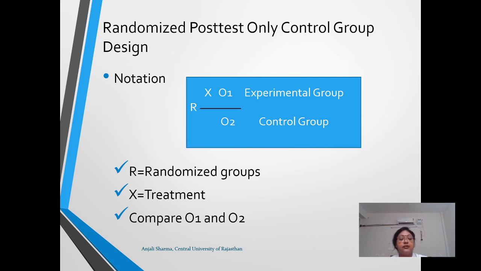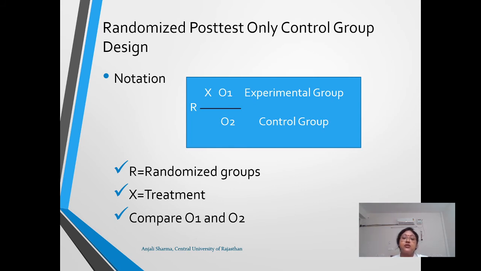So here R means randomization, and the two groups are framed with the procedure of random assignment of the units. X is the experiment, the treatment, and O1 is the post-test. The name of the design also says it is a post-test design, so the pre-test is not there.